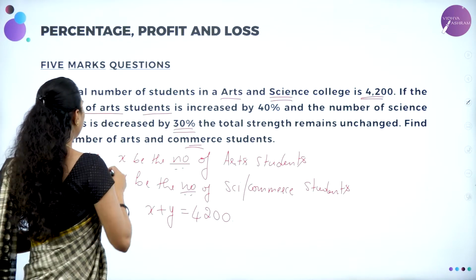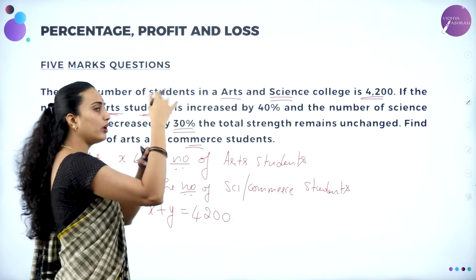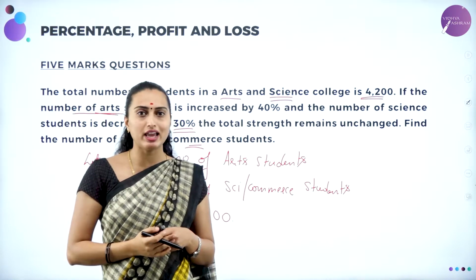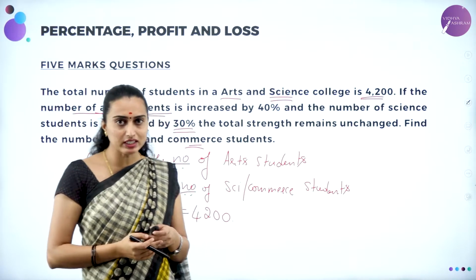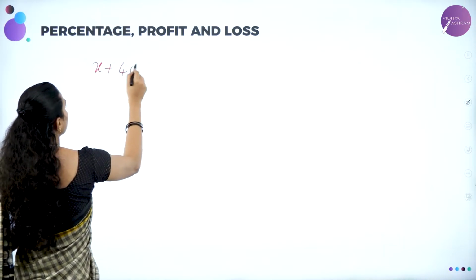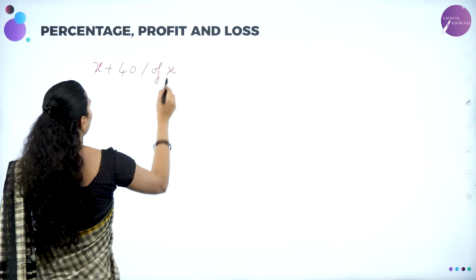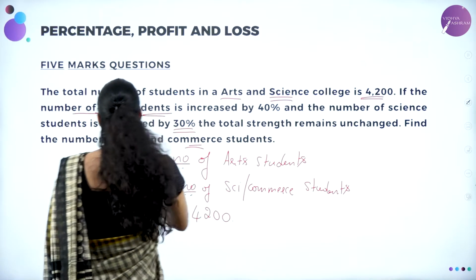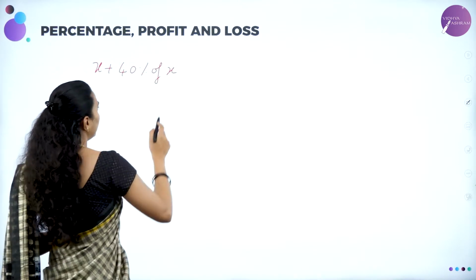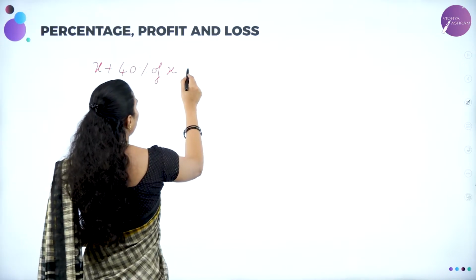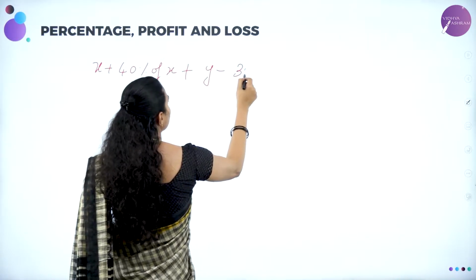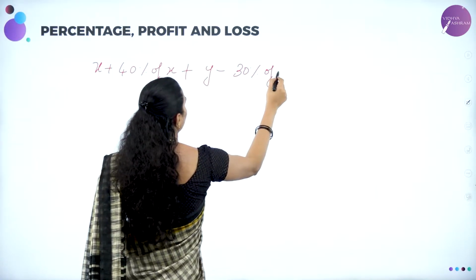Now, next they have given the number of art students is increased by 40%. Here I have taken the number of art students as X. So X was increased by 40%. Therefore, I can take X plus 40% of X. Again, they have given the number of science or commerce students is decreased by 30%. Therefore, I can write it as plus Y minus 30% of Y. Correct?